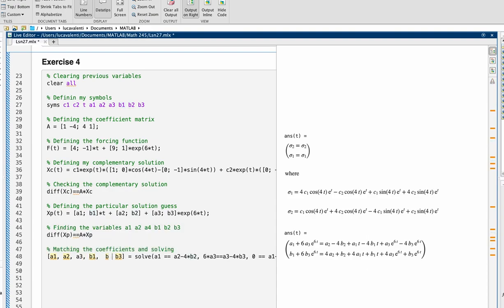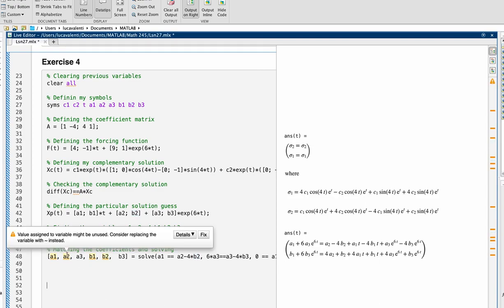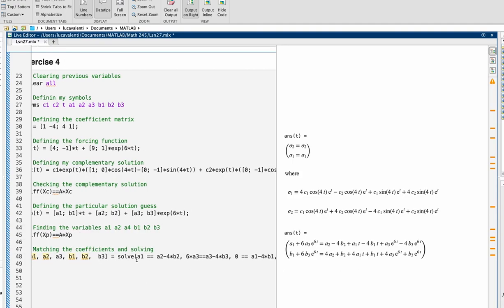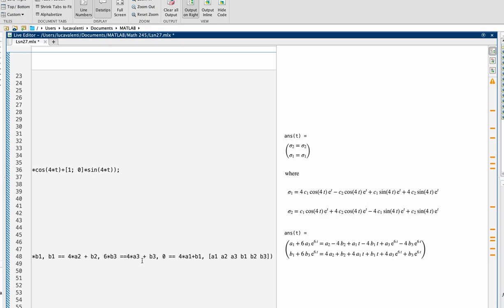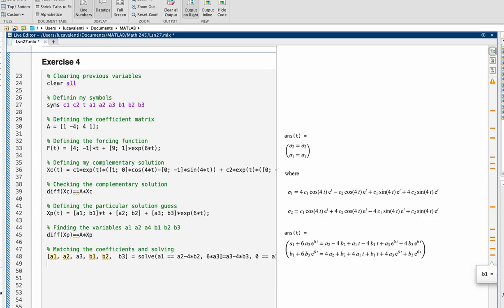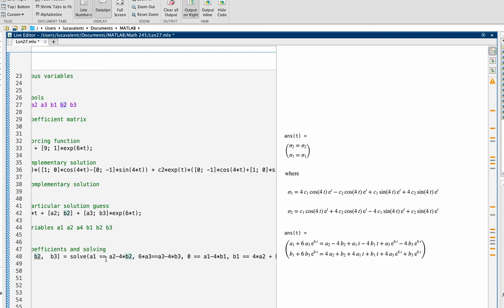And here we need to separate the variables by a comma, which I did. Now let's see what else. Value sign might be unused. Consider replacing. They're saying it might be unused. Let's see, a1, a2, a3, b1, b2, b3.